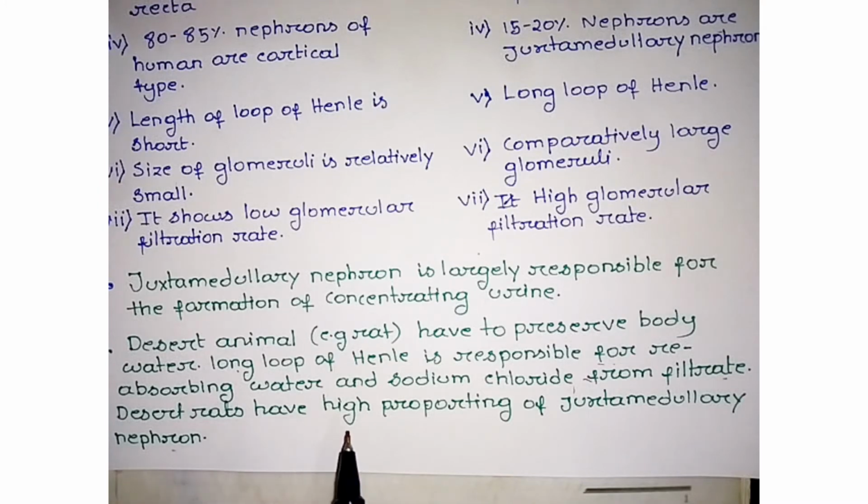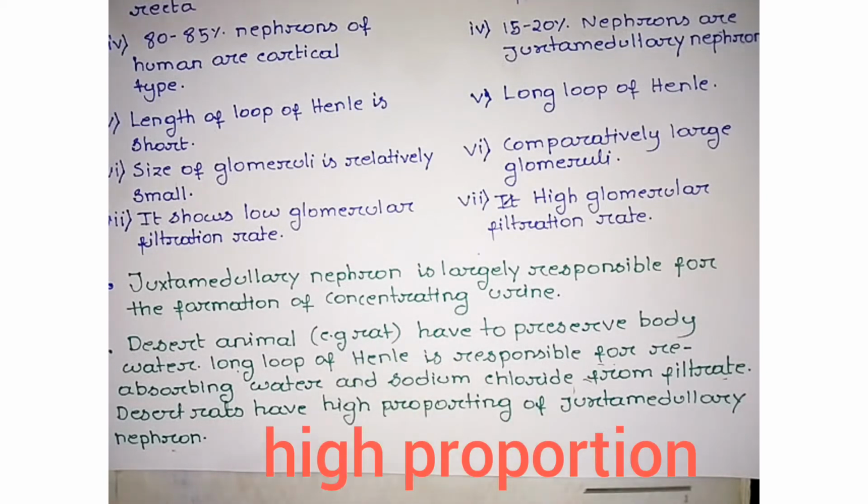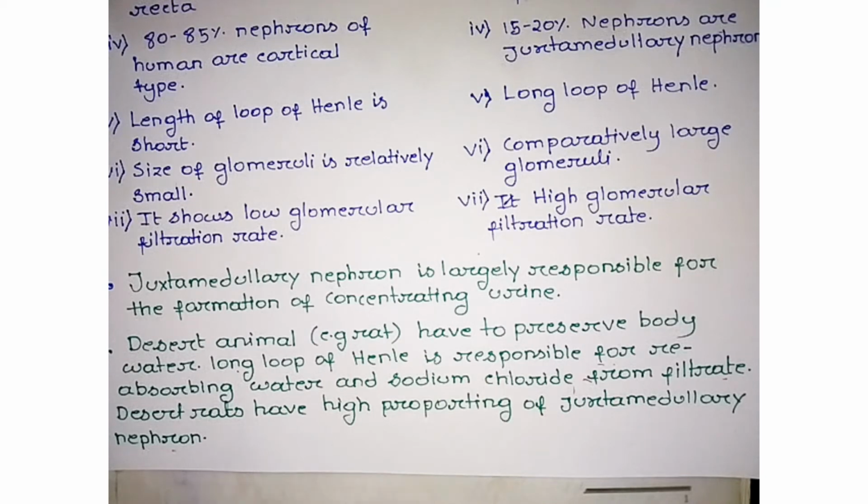Desert rats have high proportions of juxtamedullary nephron, because juxtamedullary nephron helps in the formation of concentrated urine, and desert animals such as the desert rat do not want to lose their body fluids, so the percentage of juxtamedullary nephron is relatively high.